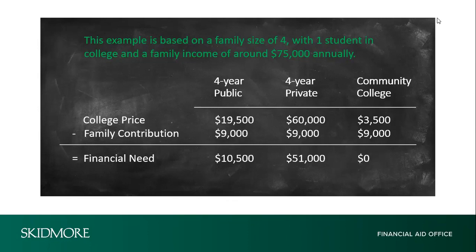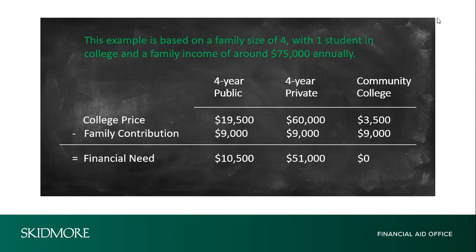And so you can see the financial need really varies as well because the college price tag varies so much. So at a 4-year public, in this example, the financial need would be $10,500. At a 4-year private that costs $60,000, the financial need is much greater because the cost of attendance is much greater. And at a community college, the student would not demonstrate any financial need.